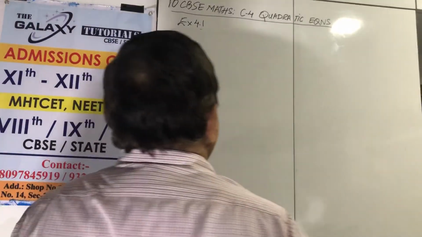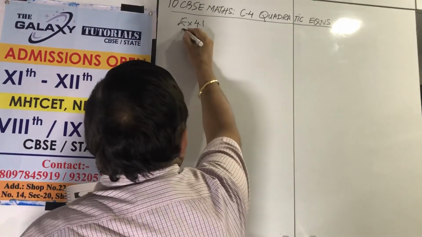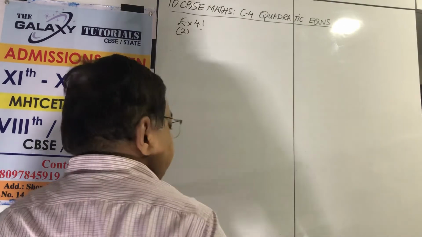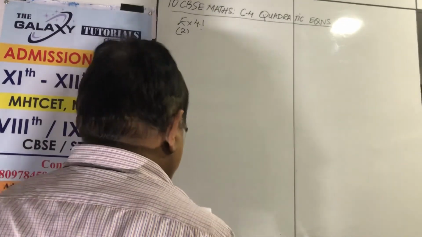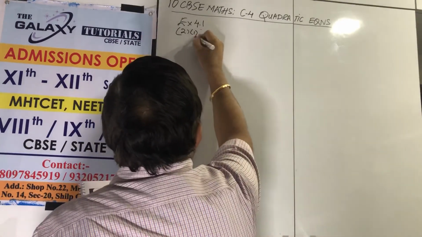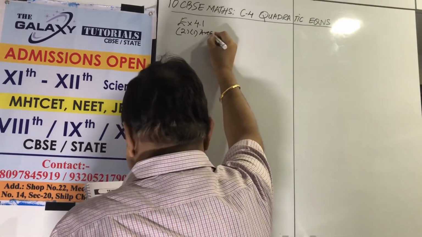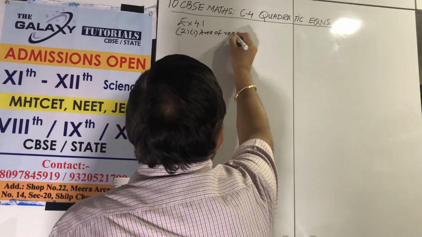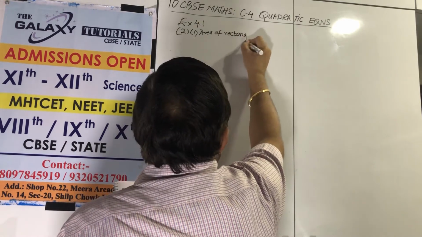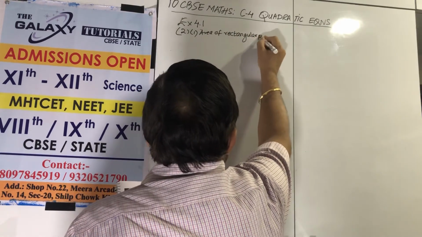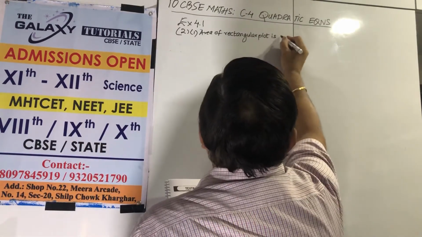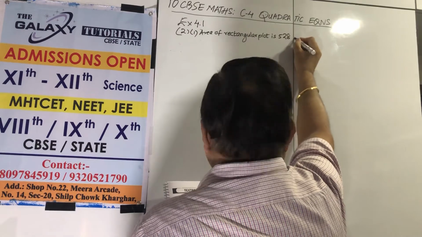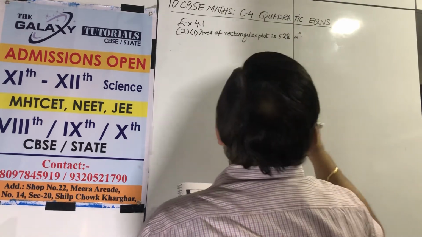Question number 2 is to convert words, sentences into quadratic equation. It says that first, area of rectangular plot is 528 meter square.